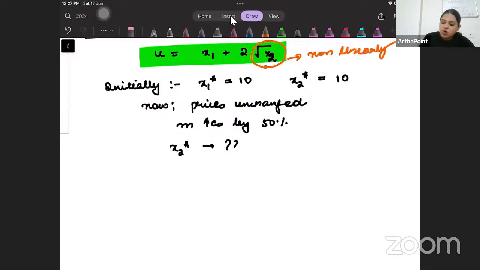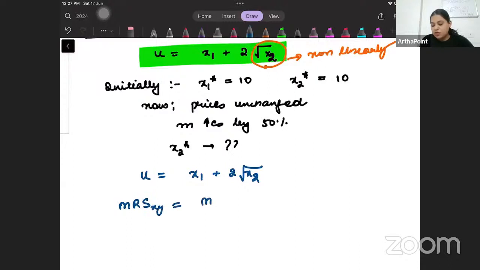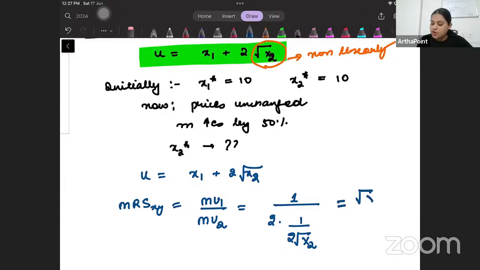So when we talk about the utility function, what will be my MRS? MRS will be MU1 by MU2. So when I differentiate it with respect to good 1, it is 1. And with respect to 2, I will get 2 into 1 by 2 root x2. So it will be 1 by root x2.